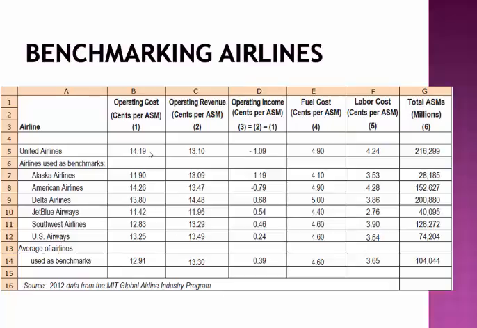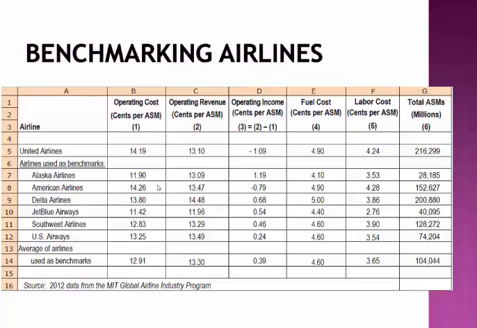However, if we wanted to compare their efforts towards their competitors, JetBlue has a much lower operating cost per ASM at 11.42, and Delta, I believe, has the highest at 13.